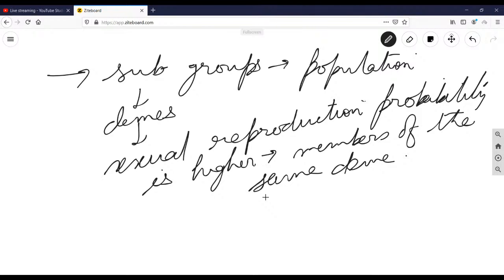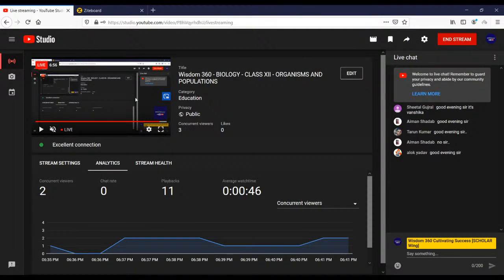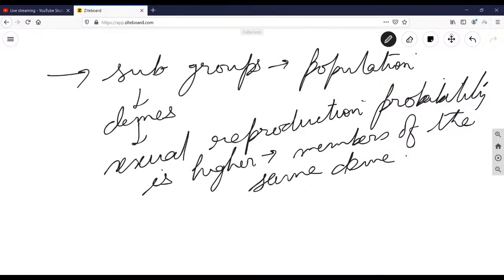Okay. So now coming on to the characteristics of a population. So what are the specific characteristics that pertain to a specific population? Good evening Alok. So characteristics of a population.